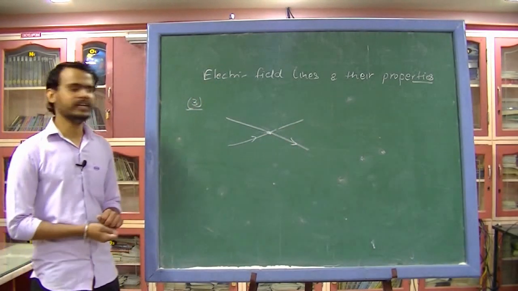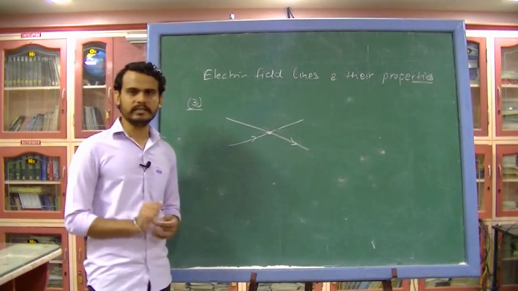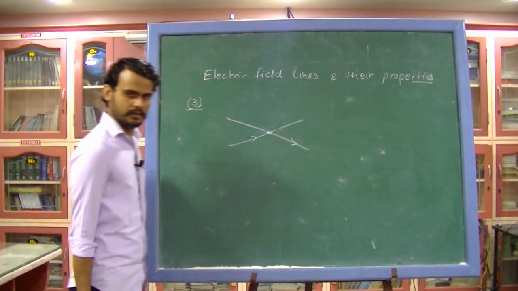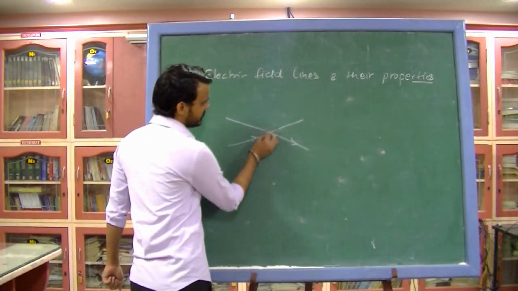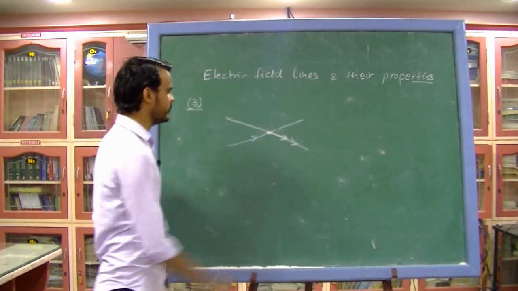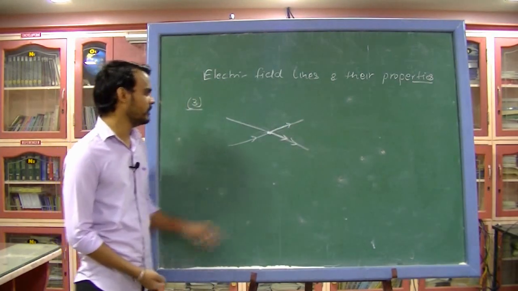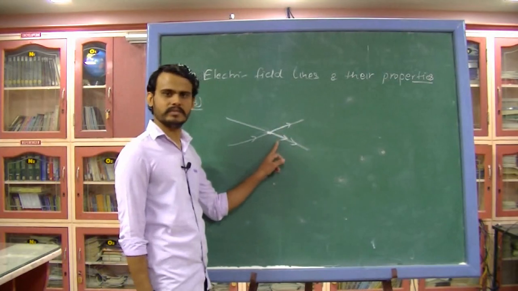Now as we know, electric field lines give you the direction of electric field at a point. So if I ask you what is the direction of electric field here, there will be two possible directions. One will be along this electric field line, second will be along this direction. So now you have a vector which has two directions, which is not possible.